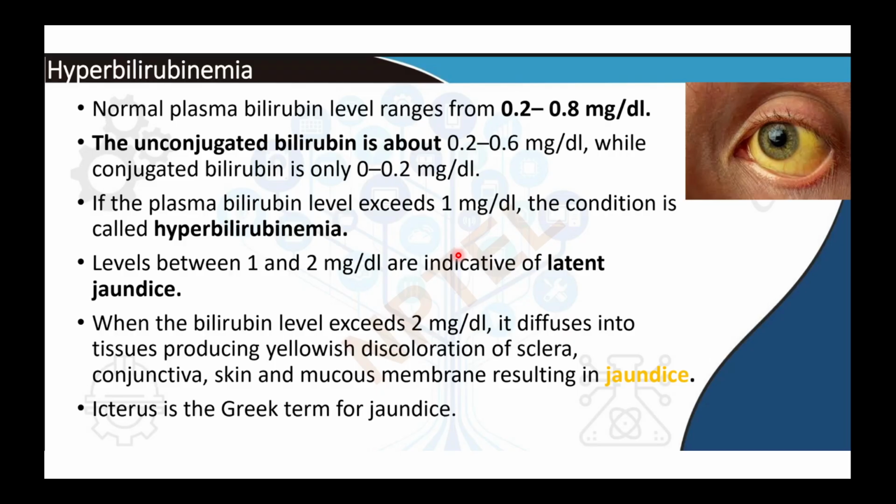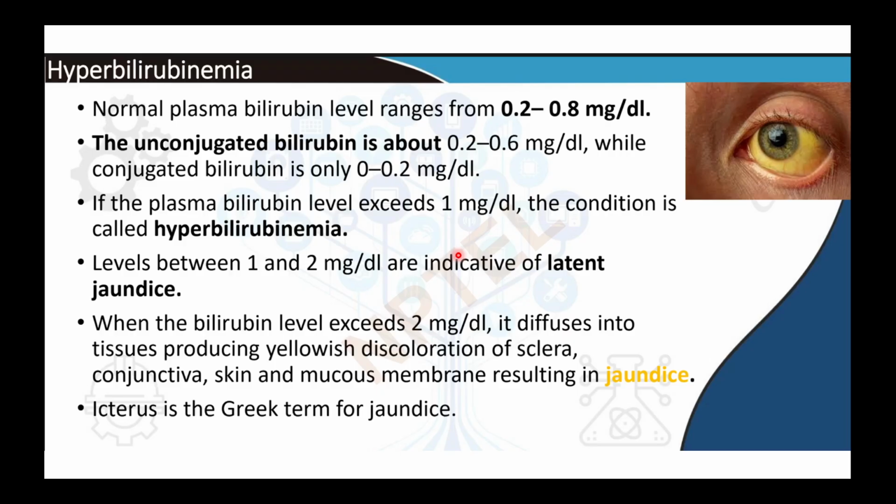Normal plasma bilirubin levels range from 0.2 to 0.8 mg per dl, out of which the unconjugated bilirubin is 0.2 to 0.6 mg per dl and conjugated bilirubin is 0 to 0.2 mg per dl. If the plasma bilirubin level exceeds 1 mg per dl, the condition is called hyperbilirubinemia. And the levels between 1 and 2 mg per dl are indicative of latent jaundice.